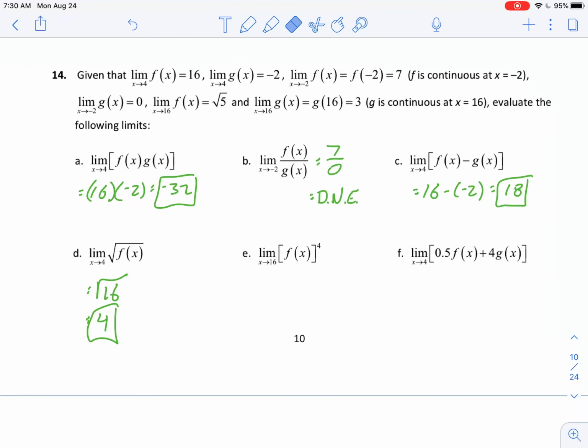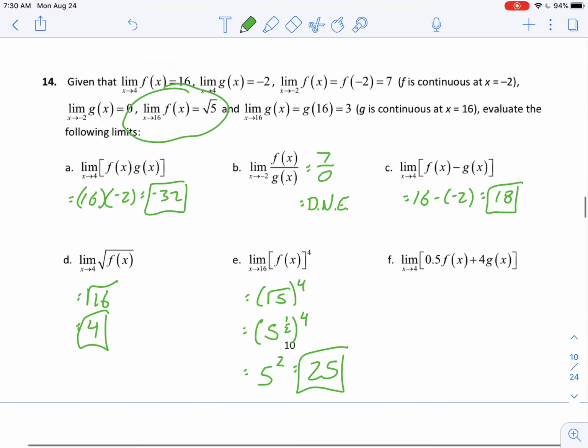Let's see. Part E, as x approaches 16 of f of x, so that's this one. So that would be the square root of 5 to the 4th power. However you want to do this, it's 5 to the 1/2 to the 4th. The power times the power, you multiply. It's 5 squared, 25.